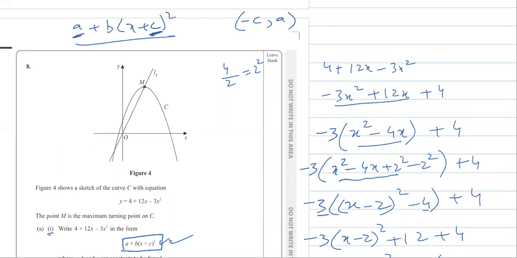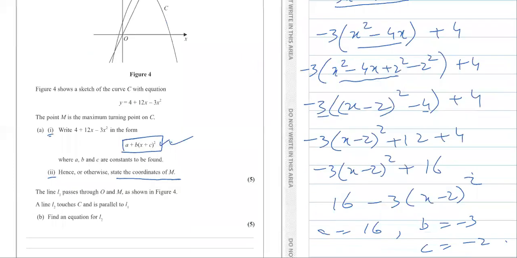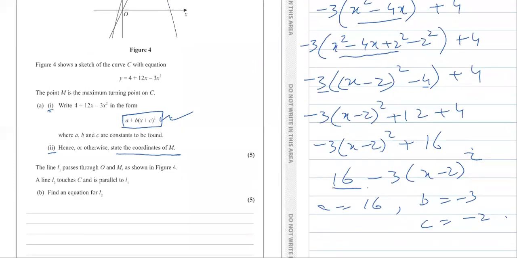In this case, we already wrote it in this form. So if you want to write the coordinates of M, change the sign of this one. This is minus 2, it will become 2. And then this constant, that's 16. So 2, 16 are the coordinates of M.